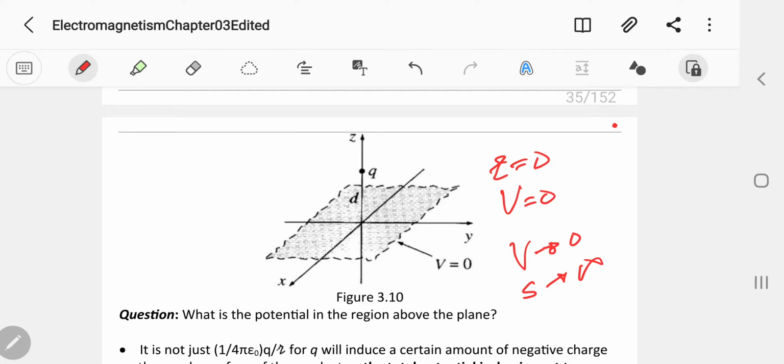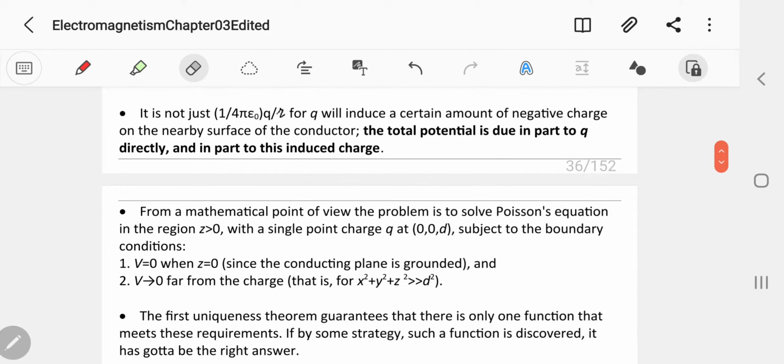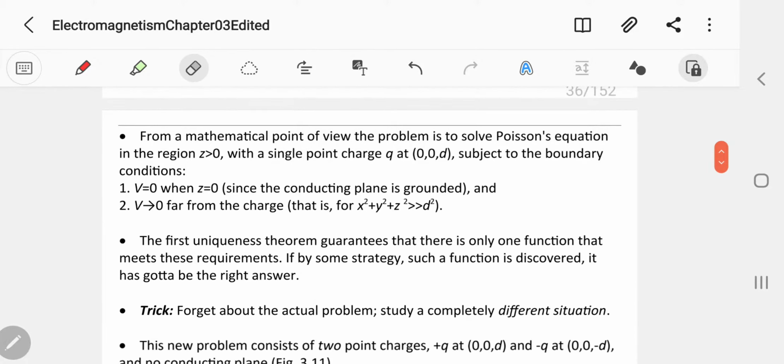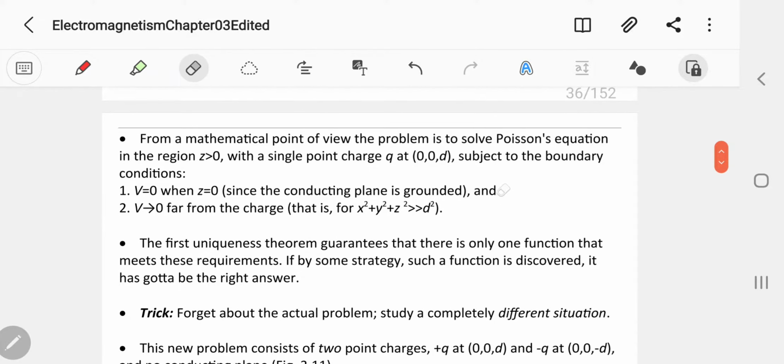So those are the basic boundary conditions in this particular problem. So you have V equal to 0 when z is equal to 0, and V approaches 0 as x squared plus y squared plus z squared goes to infinity.